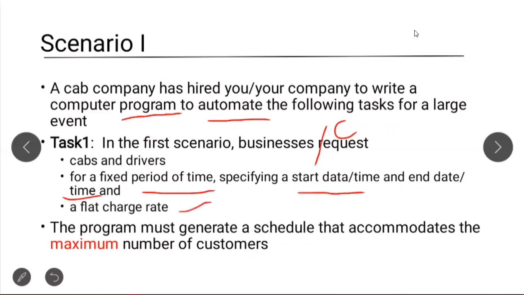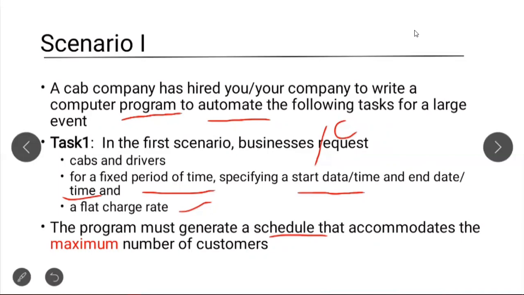Rate means the amount they are giving for every kilometer or hour. Now, the task is to generate a schedule that accommodates the maximum number of customers. So the task for the computer science engineer is to give a schedule which will give the maximum number of customers.